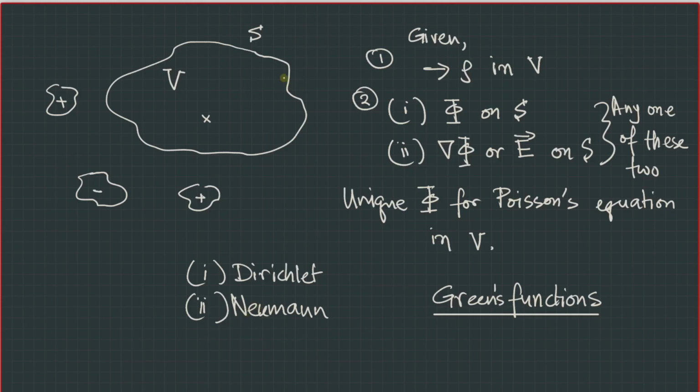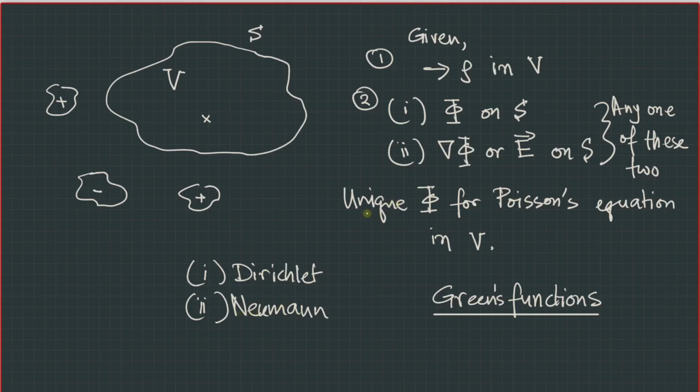In our problem, we have some volume V and it is enclosed by a surface S. We would like to find the electric potential inside the volume for all points inside the volume. For this, we will require the charge density inside the volume and the potential on the surface or the electric field on the surface, and these two boundary conditions are called the Dirichlet boundary condition and the Neumann boundary condition.